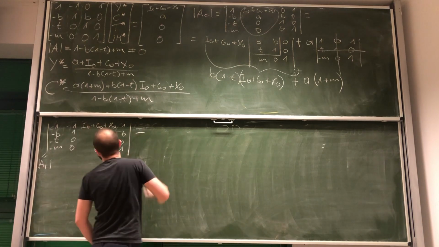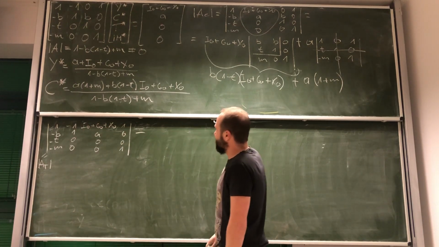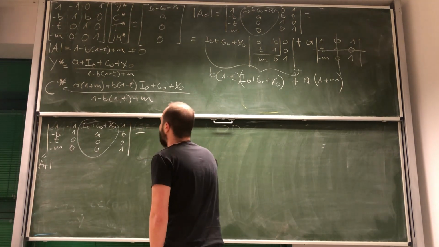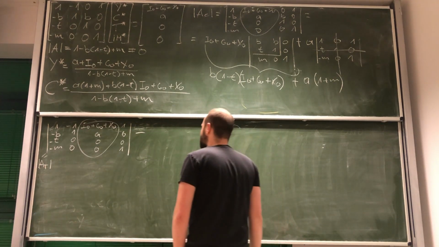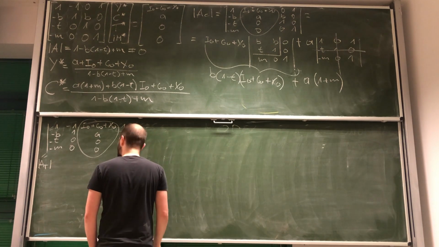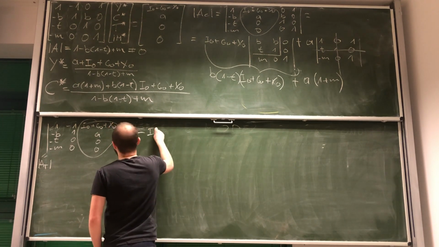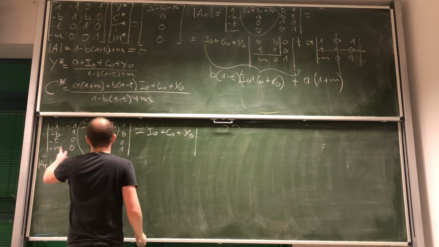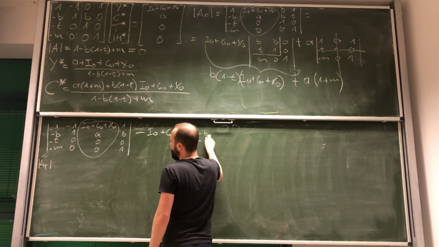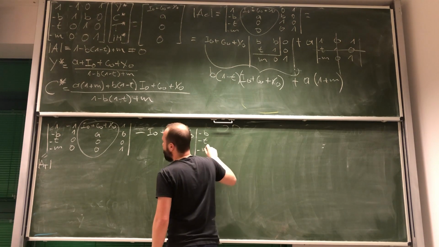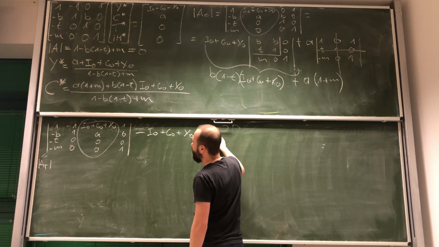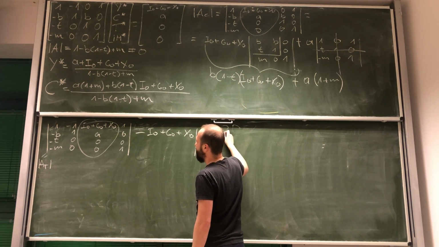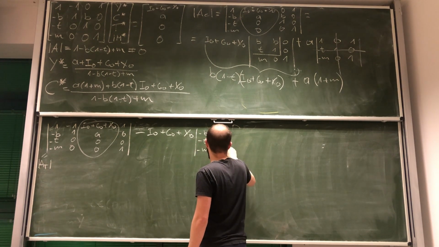So we calculate this, and again, it's expansion by this column. So we've got 1, 2, 3, 4. So I0 plus G0 plus X0 times negative B, negative T, negative M, 1, 0, 1.